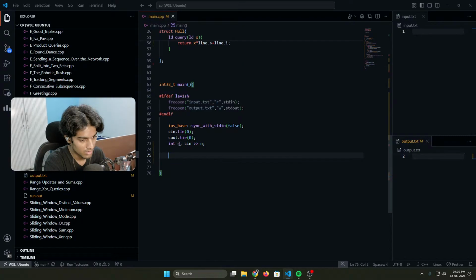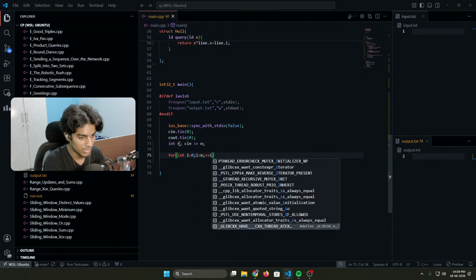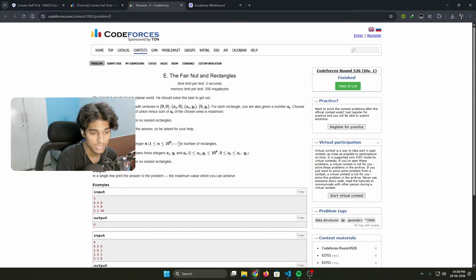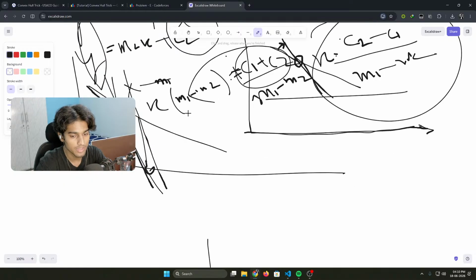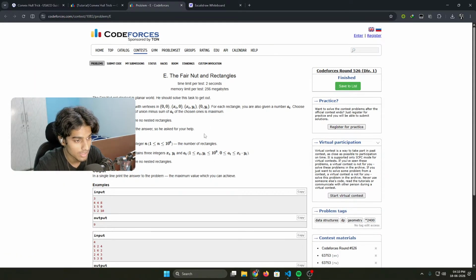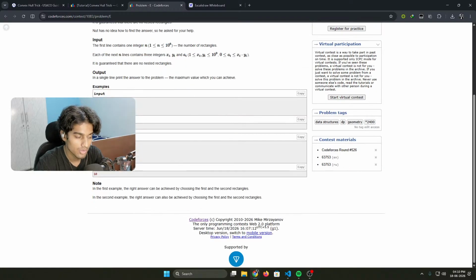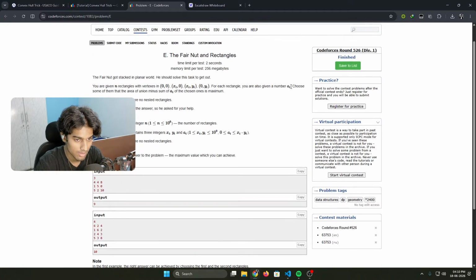Now, okay, we have these 3 points. How should I store them? Let's first frame this problem into like convex hull. Let's look at the recurrence. So some rectangles are given.